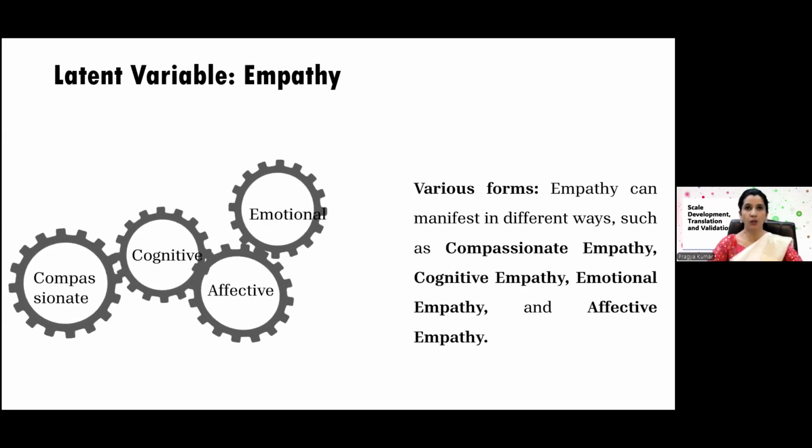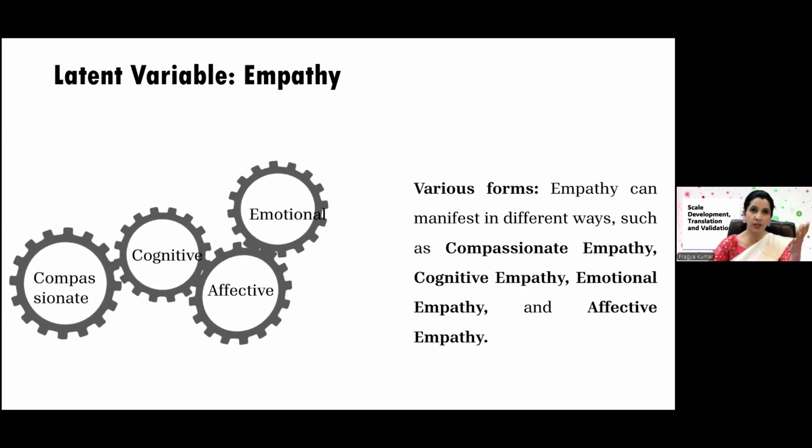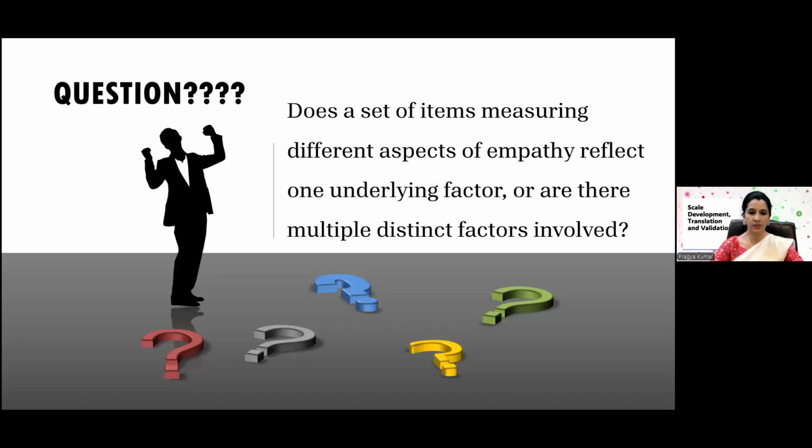So maybe all these items which you are seeing, if you see the factor structure, it might get broken into these 4 sort of factors that we'll see. So now the next question is, does a set of items measuring the different aspects of empathy reflect one underlying factor, like you were asking, or multiple distinct factors?